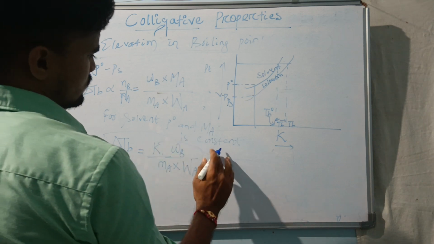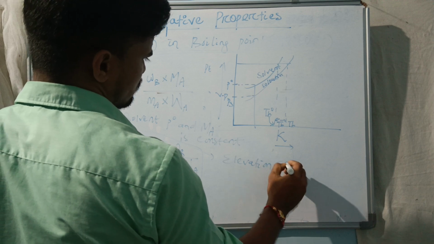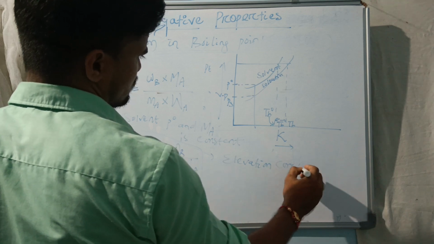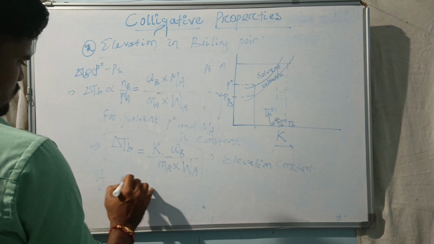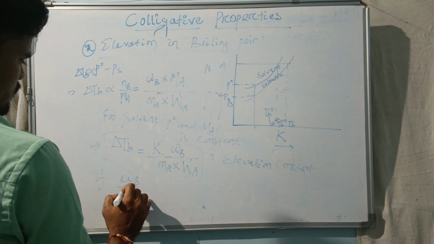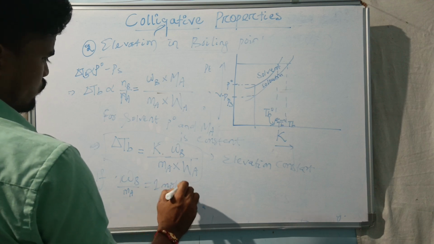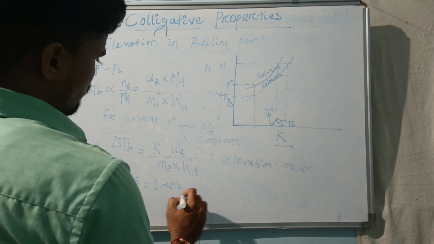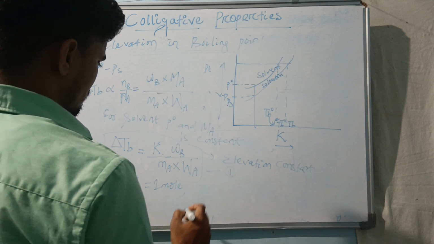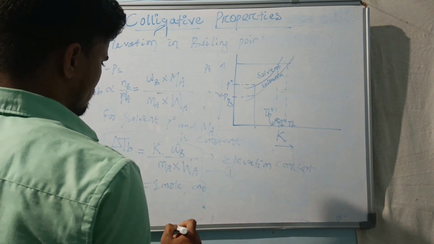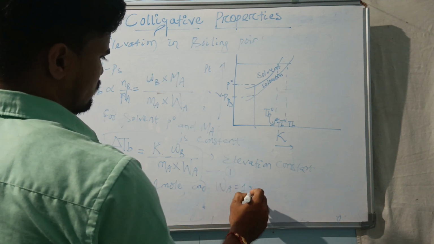In this case, what is K? K is called the elevation constant. Okay. So suppose WB divided by MA is equal to 1 mole, and WA is equal to 1 gram.